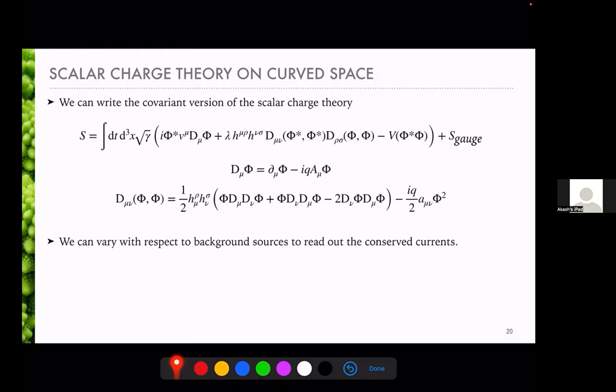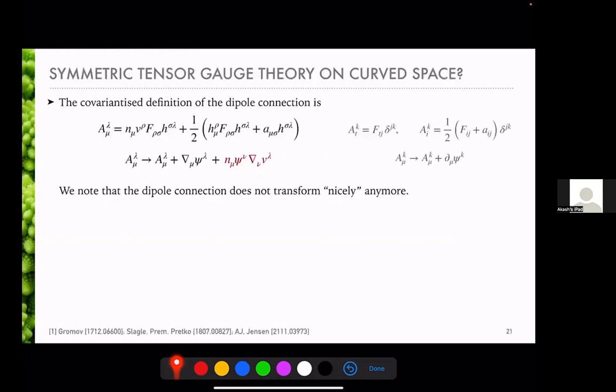And this D mu nu operator, for instance, now becomes something much more complicated. But the whole point of this exercise is that now you can take this system and vary it with respect to all the sources and read out all the background currents and so on. I'm not going to bore you with explicit details, knowing that I'm short on time, but this is something that I do want to point out.